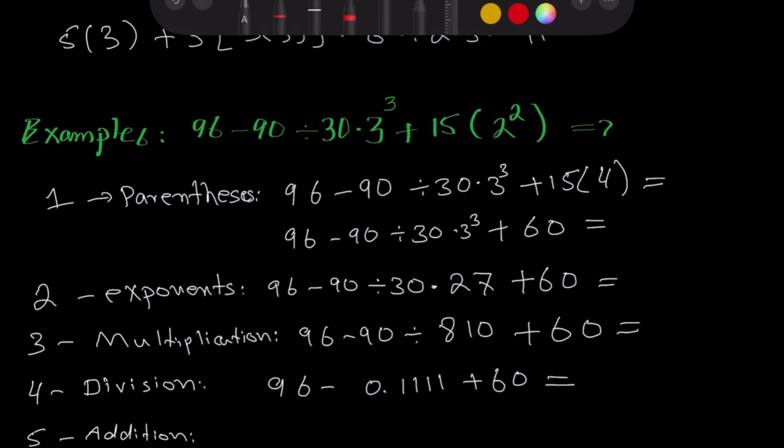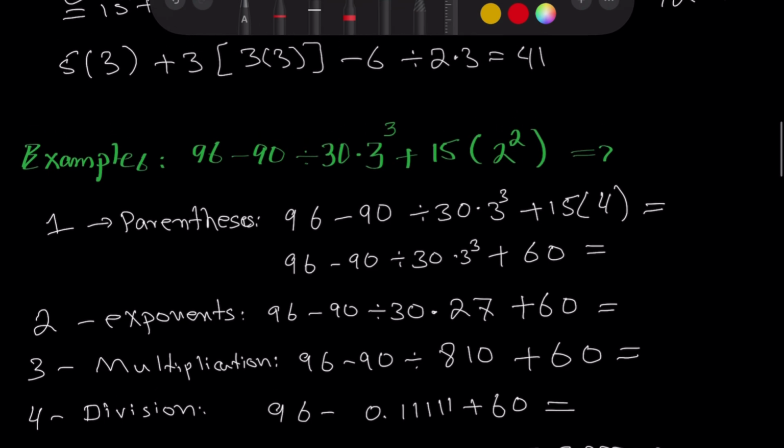So 96 and 60 is 156. 96 plus 60 is 156, minus 0.1111. So that will give me 155.88889. So that's our final answer.